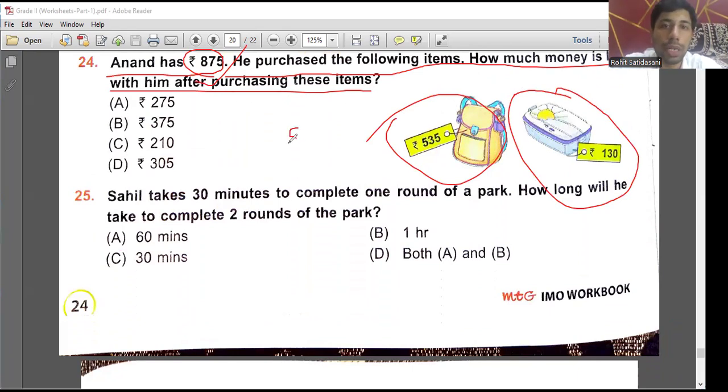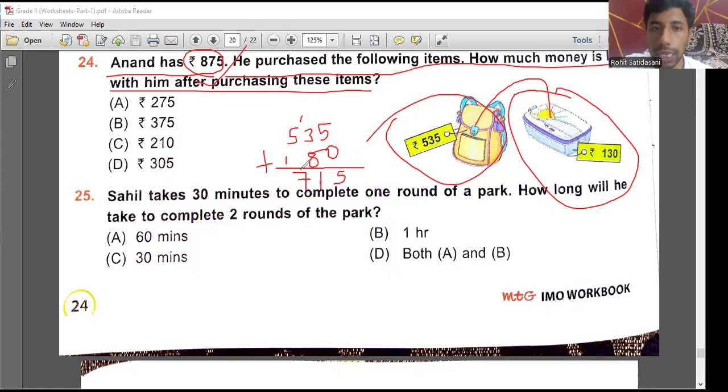So 535 plus 180 is the amount he has spent. Okay, so we have to first add these two, the cost of these two items. Just a minute, there is a correction.